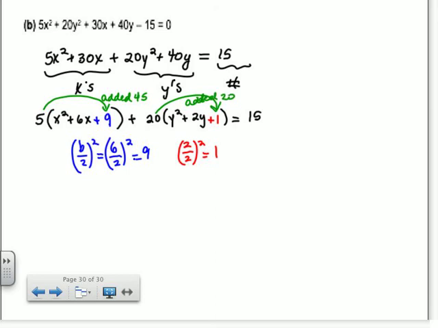So over on this side you need to add 45 and add 20. So don't forget that you had those numbers out front. So I have 5, and then I have parentheses. If I factored it, it'd be x plus 3 times itself, so x plus 3 squared, plus 20 times y plus 1 squared equals 80.